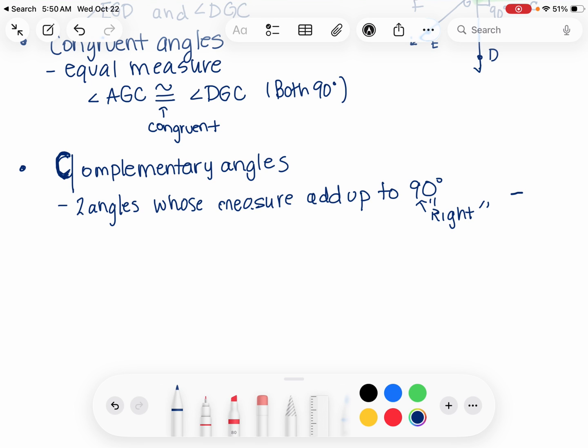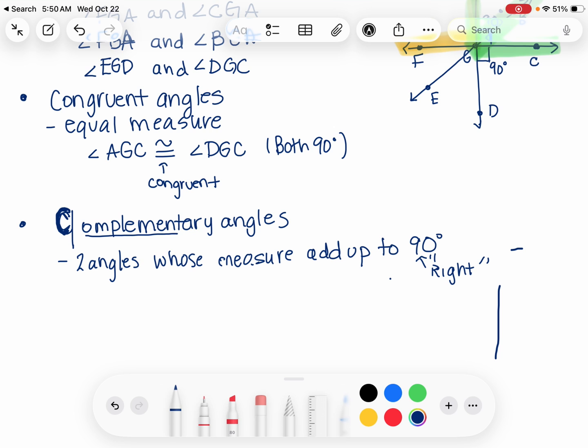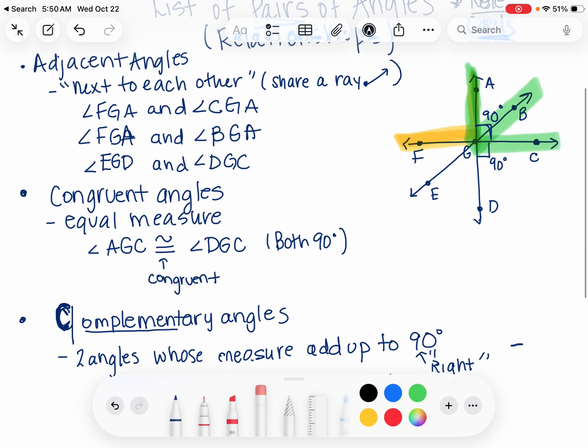So what I like to tell students is you think about this as the little loop for 90. You also can think when someone gives you a compliment, it makes you feel right. And right means 90 degrees, right? So that's a way to also try to remember that. So you're looking for two angles that make a right angle. If you look up here, you don't have to color code this part yet. I'll tell you which one.